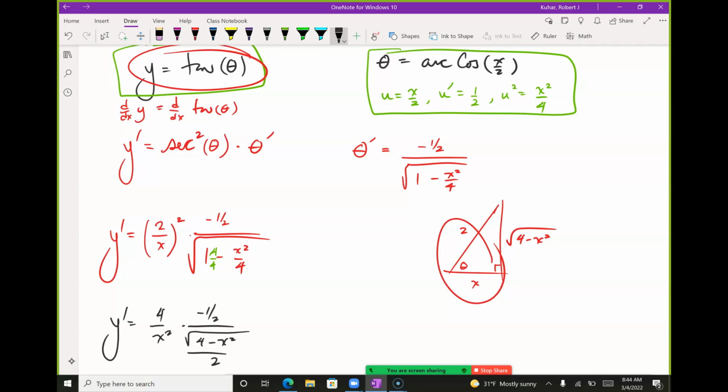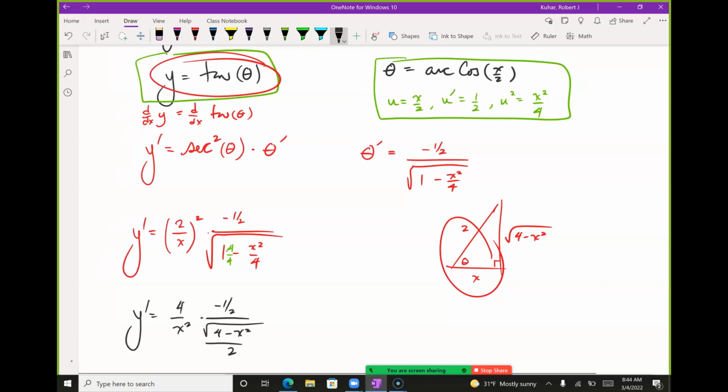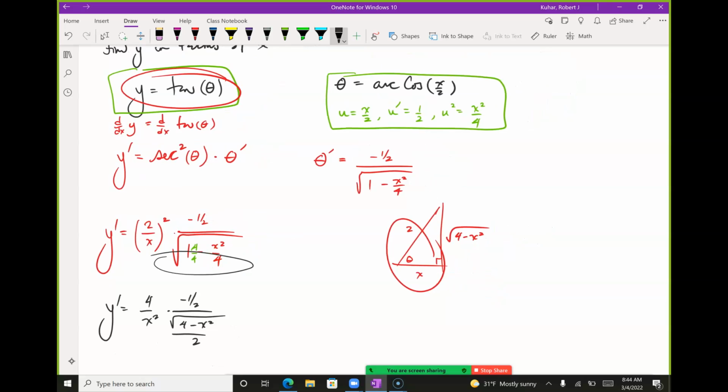Where'd that lowest 2 come from? Do you see it? We rooted the 4 over 4. Yes, so I have a square root of 4 in the denominator there, so I just took that out as a 2. So it looks like the 2's cancel, and I've got my final answer. I've got a negative 4 over x square root of 4 minus x squared.